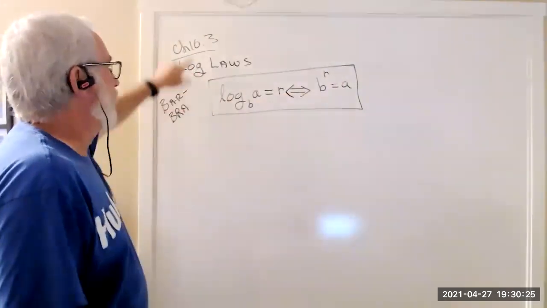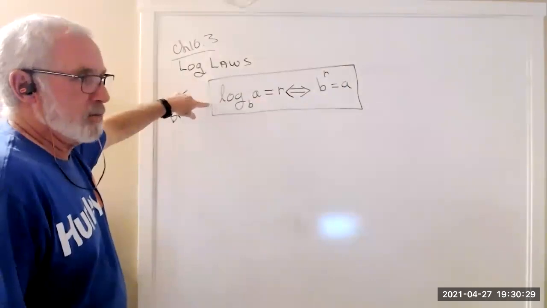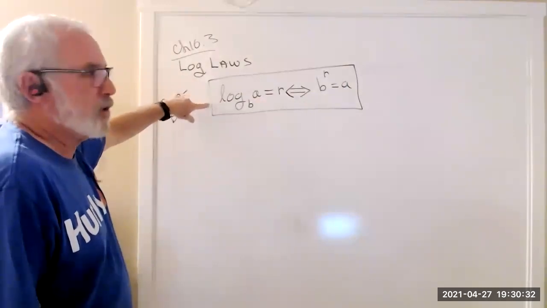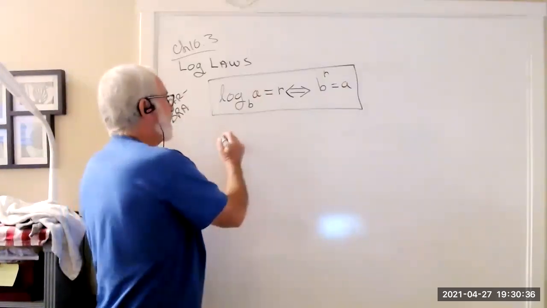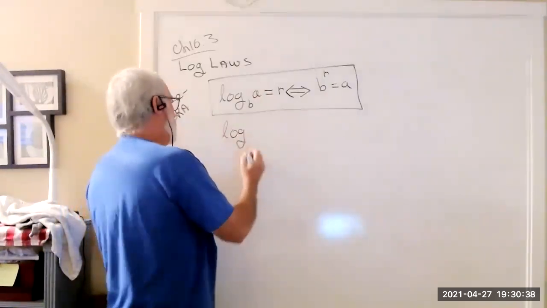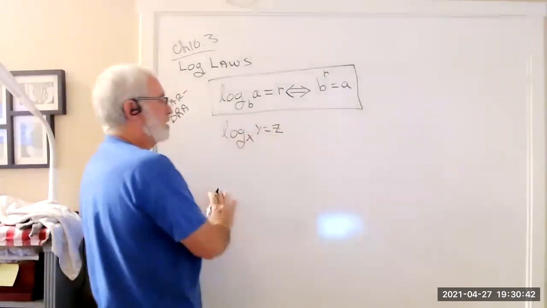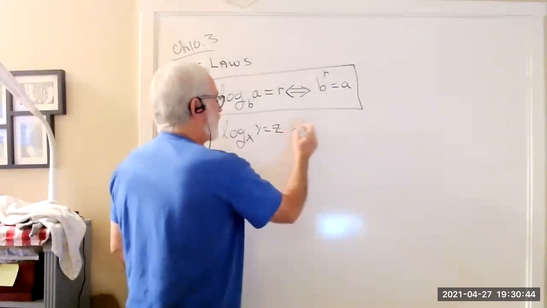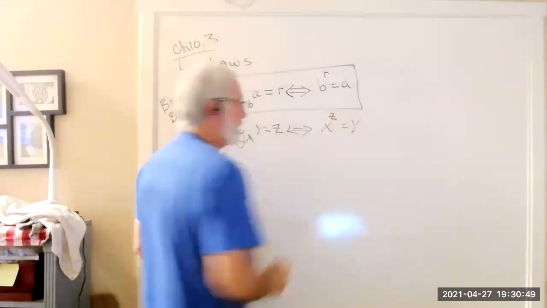Okay, so that's the definition of a logarithm. In every book in the universe, they may not use BAR. They may say log base x of y equals z is the same thing as x to the z equals y.